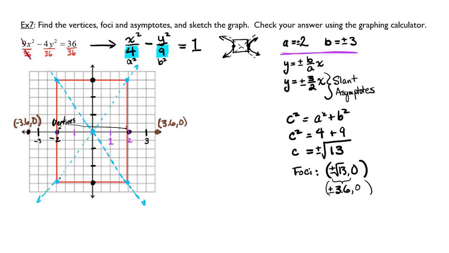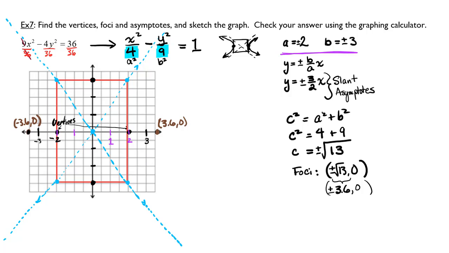And then all I do is draw the hyperbola. If I were to extend these diagonals out, and sometimes maybe it's harder if it's a larger scale, but you have to remember that the hyperbola is hugging these slant asymptotes to infinity.